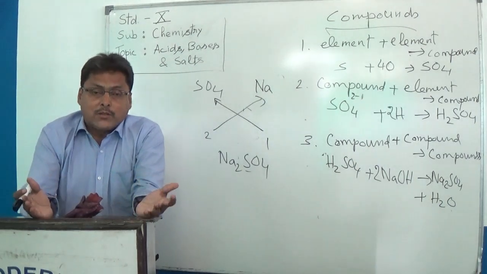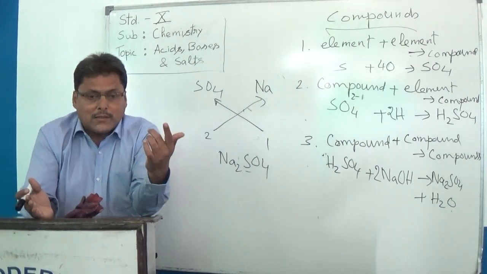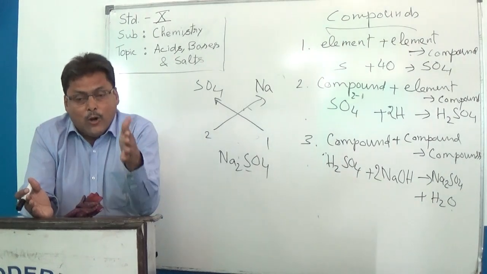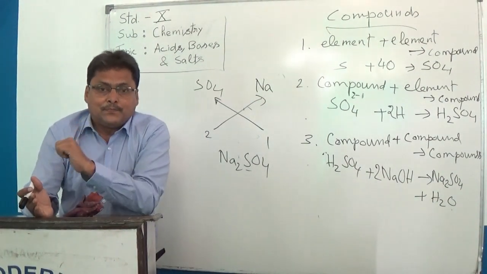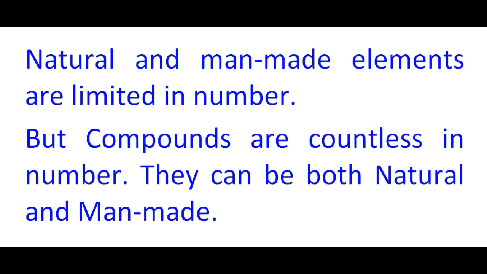Mixtures can be acidic, basic, even have the properties of a salt, but acids, bases and salts are the classification of the compounds. Here you just go through the slides a little more and then we go into further detail about the properties of each. Natural and man-made elements are limited in number. But the compounds that are made of those elements are countless in number.